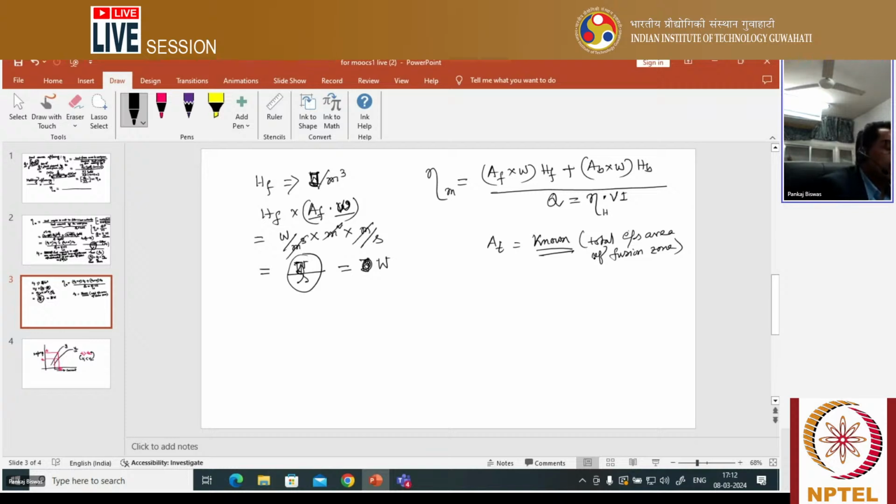Now, how to calculate AF and AB? AF we can calculate with the help of how much filler material you are supplying from the spool per unit time.